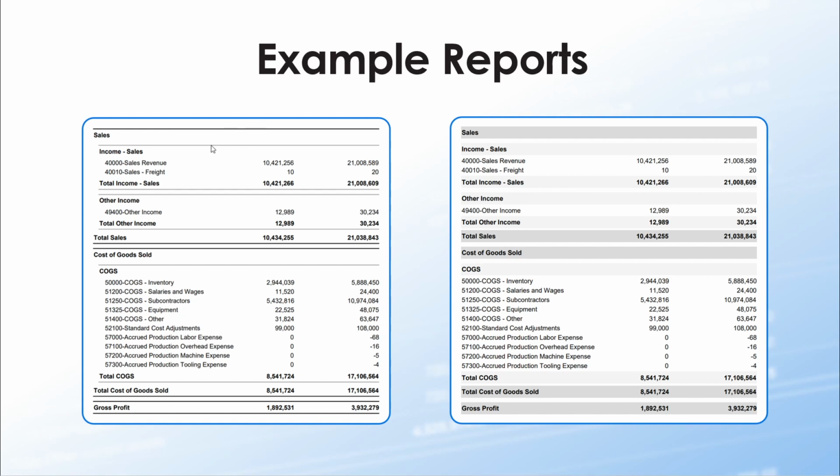It has lines in different shades as it goes down into the levels. And this side has no indentation, but it has different shadings by level. So the data is the same, but the look and feel is completely different just by changing from one style to another.